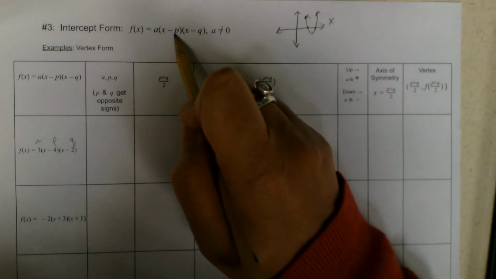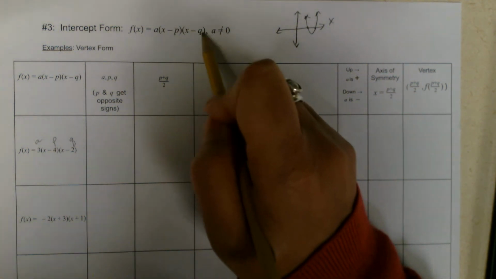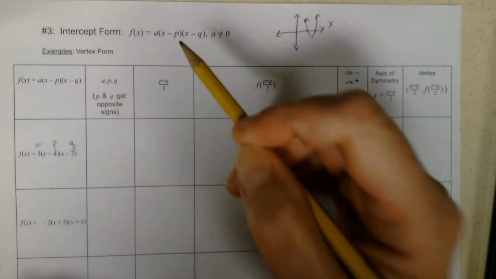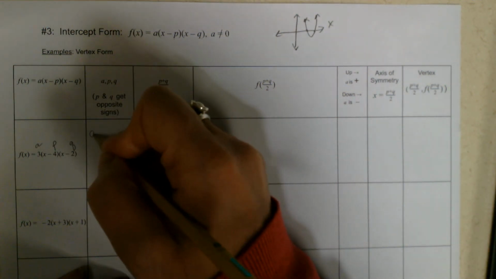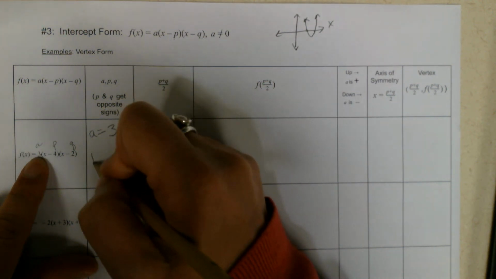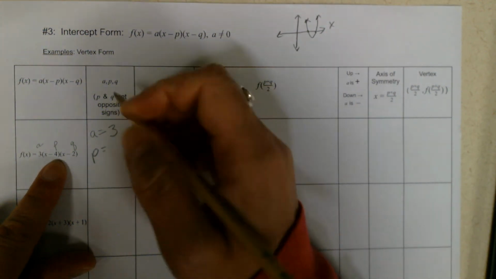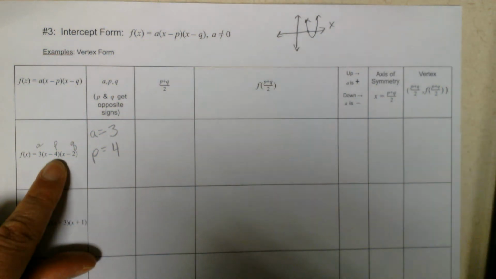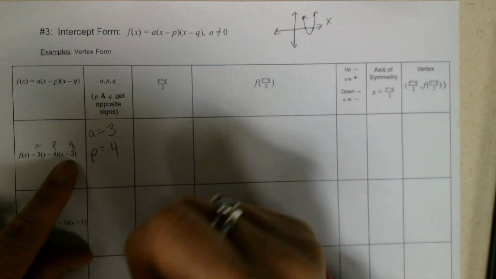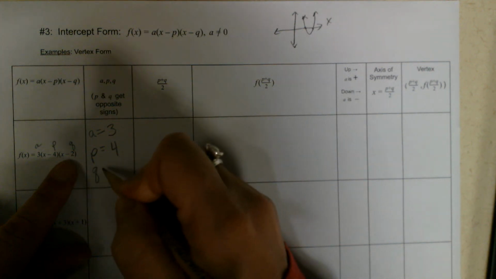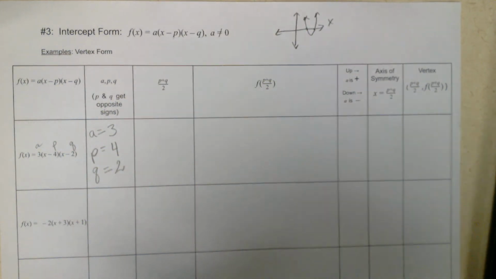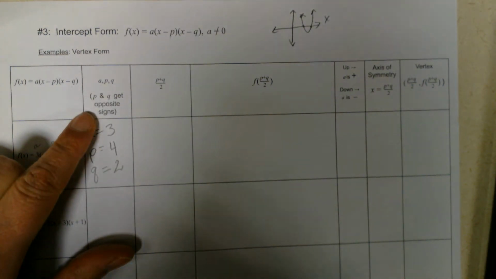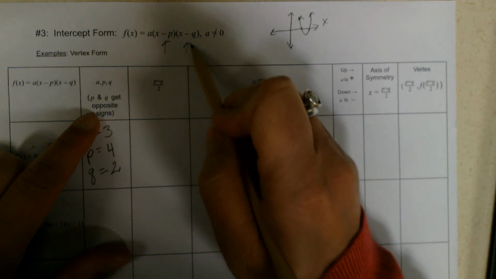Yes, because this is x minus p, and because this is x minus q, when we pull the numbers out, they're going to have to be the opposite of the sign that you see in the problem. A is absolutely fine. A is 3. But when we pull p out, it's x minus 4. You have got to remember that when you pull it out, it's going to be a positive 4. Here, it's x minus 2. When you pull q out, it's going to have to go from x minus 2 to a positive 2. You have to remember p and q get opposite signs. It's all because of this minus here.